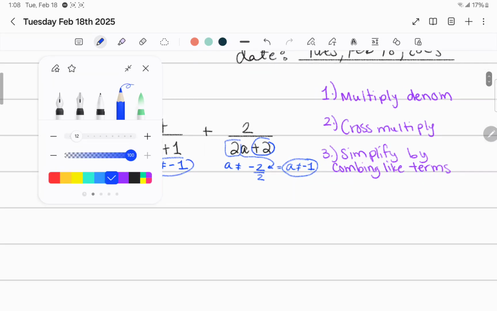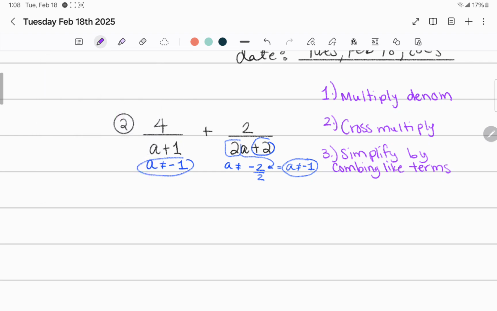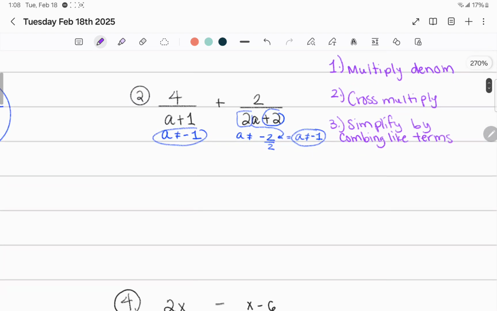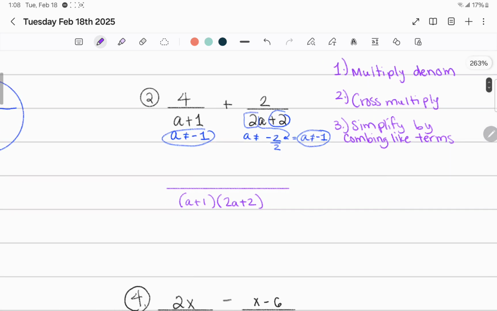Okay, now getting into our steps. Step 1, multiply the denominator. So you guys are going to want to rewrite the work. I feel like that's probably the best way. So you're going to do a plus 1, 2a plus 2. We're going to multiply all that in a second, but just rewrite it.